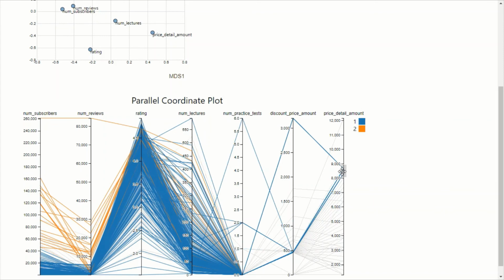We can see that mostly the price range is between 8000 to 9000 INR, and almost all courses are rated between 3.5 to 5.